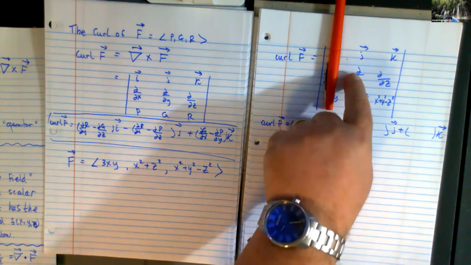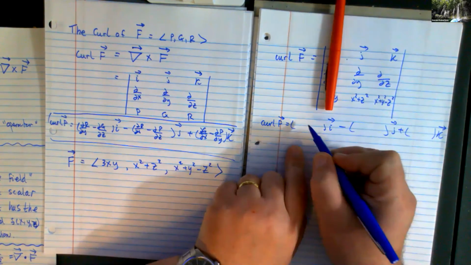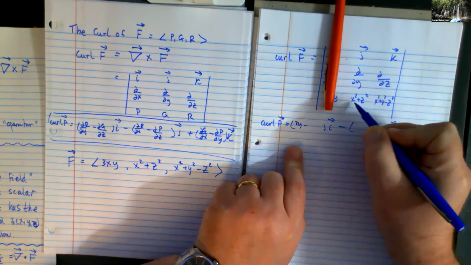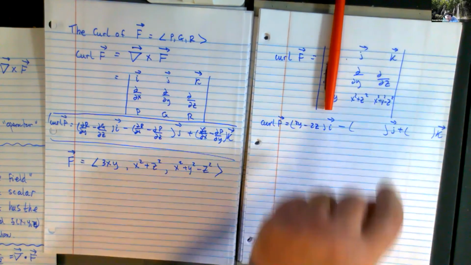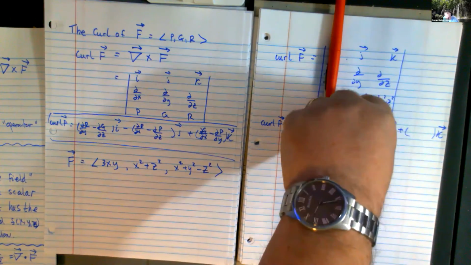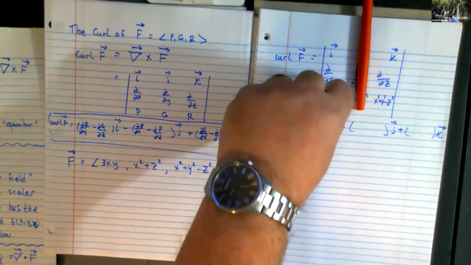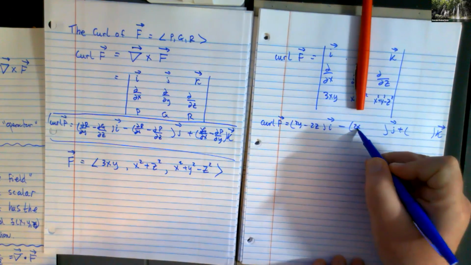You differentiate this with respect to y, you get 2y. Take away, you differentiate this with respect to z, 2z. Does that look good? 2y, take away 2z. If you make a mistake, you shout. Middle one now. With x's, you get 2x, take away.